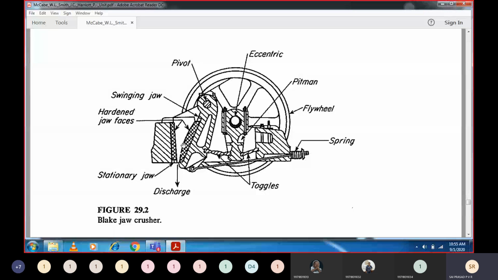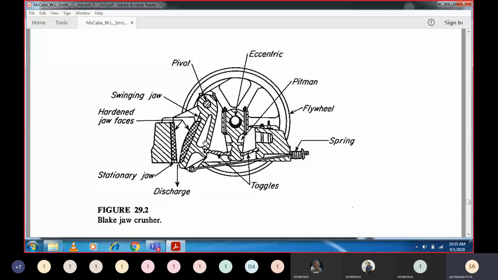So what I say with this is, in a blade type of jaw crusher, the product may not be continuously falling down, but in a cycle, when the swinging jaw is moving towards the stationary jaw, crushing will take place. When the swinging jaw is going away from the stationary jaw, crushing will not take place. That's what we are supposed to understand.